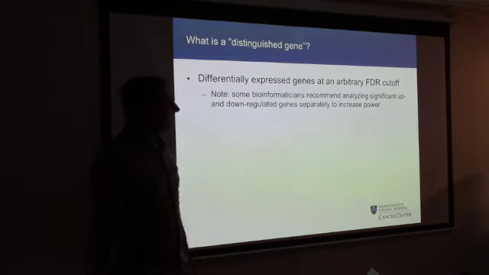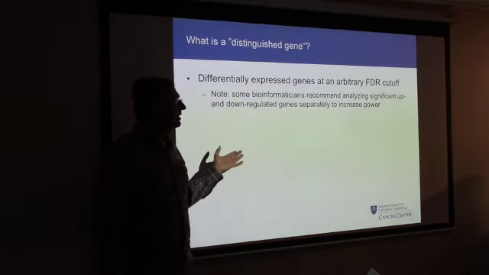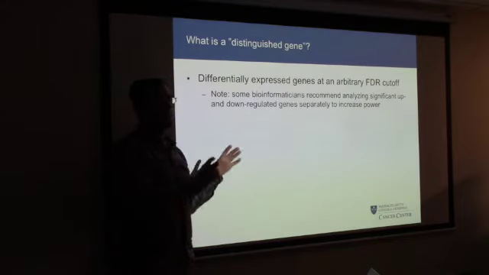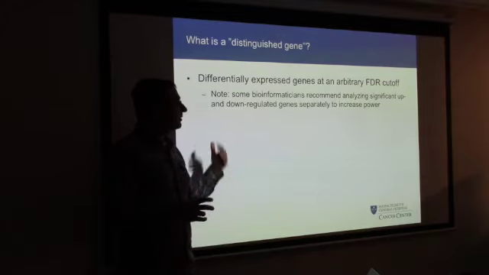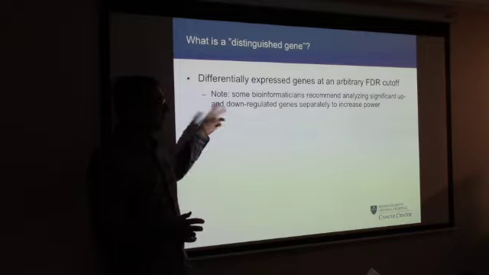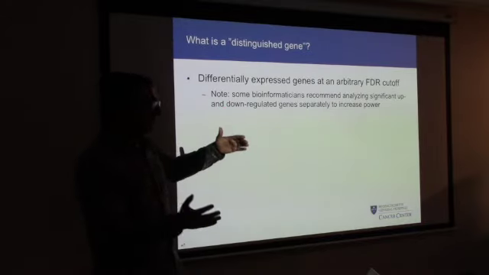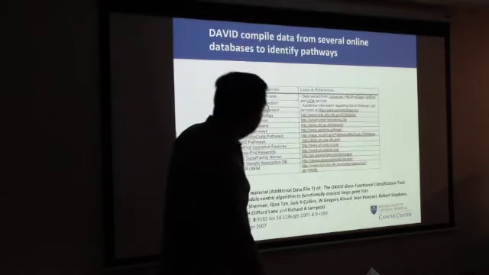So this is something interesting that when you're using David, I also actually recommend that. I would say that just use your upregulated genes for the first part, and then use your downregulated genes. Right? It gives you much more statistical power if you use them that way, as opposed to lumping them all together when you're using David.